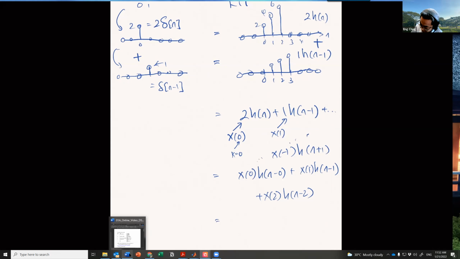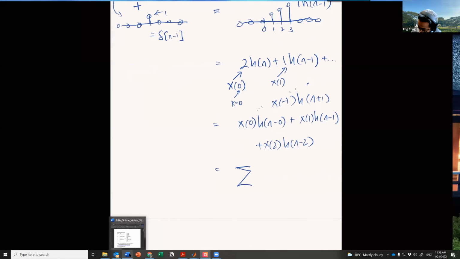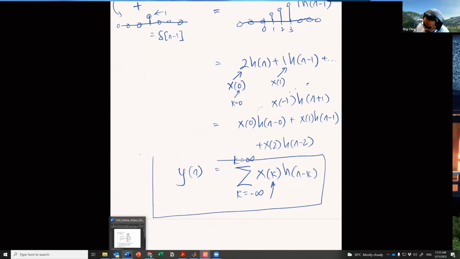The equation will be reduced to this equation, the sum of x of k h of n minus k, k equals negative infinity to positive infinity. And this is the output y of n. And this equation here, you must memorize and derive from first principle, and it is called the convolution equation.